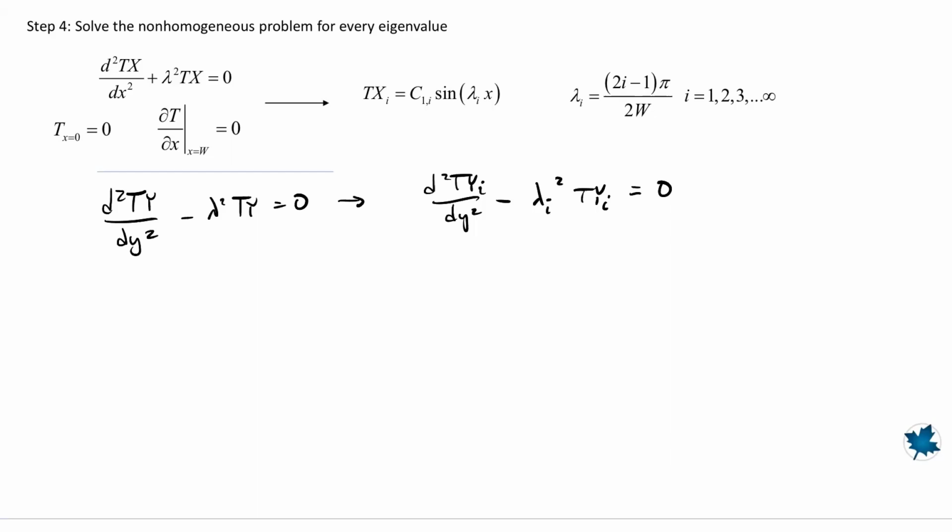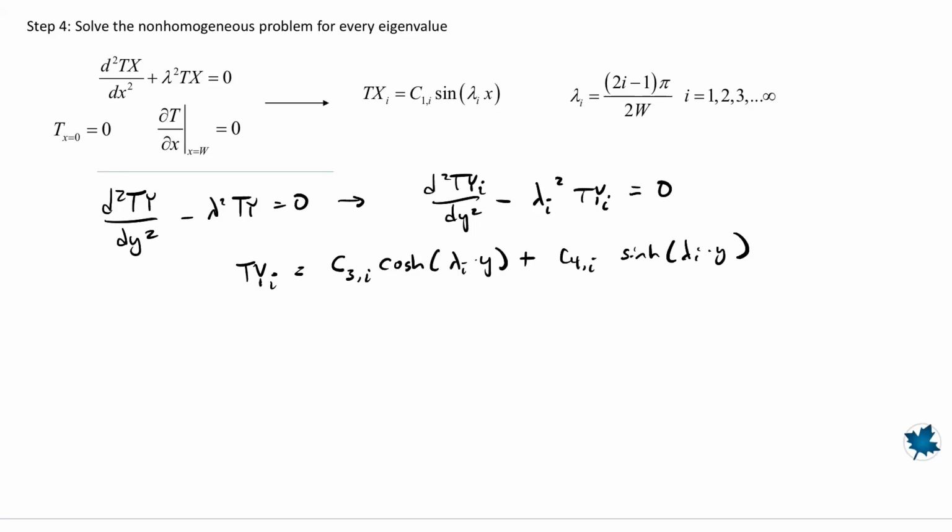Well, what's the solution to this equation? You could go look in a table in the textbook. You could plug this into Maple, and you would find out that Ty, the solution for this equation for an ith one, is some constant c3, now an ith constant, so c3I times cosh, hyperbolic cosine, of lambda I times y, plus c4I times sinh of lambda I times y.